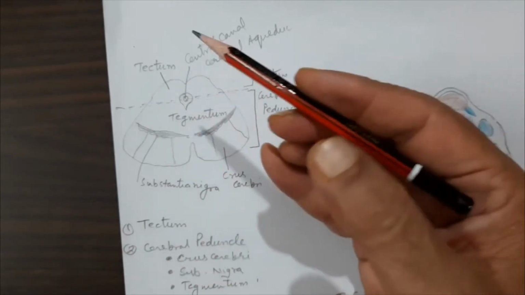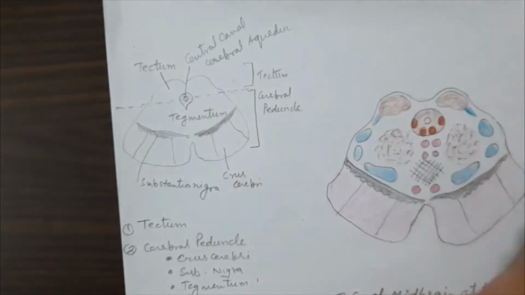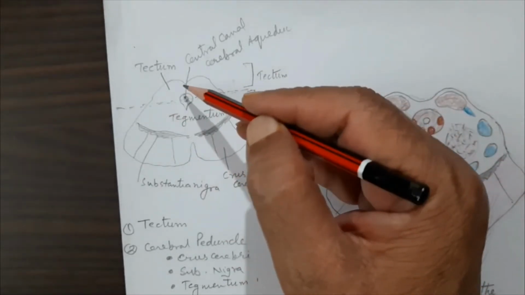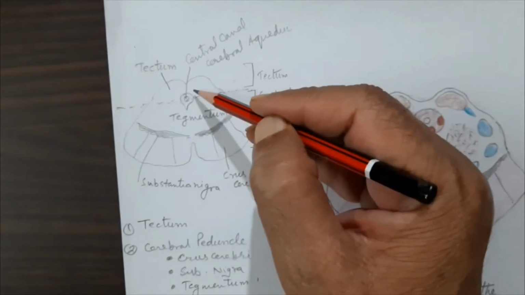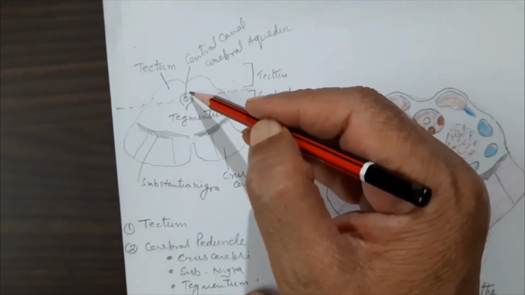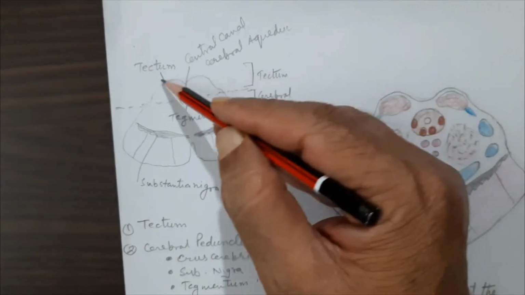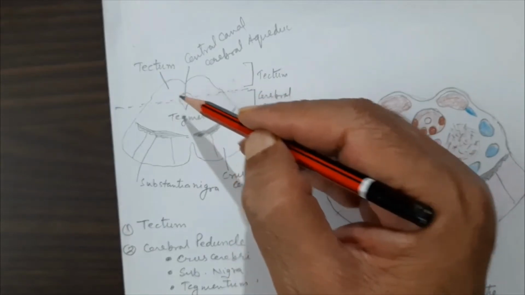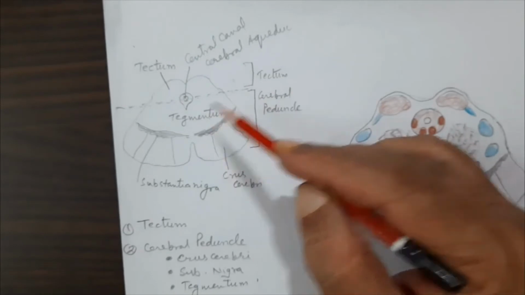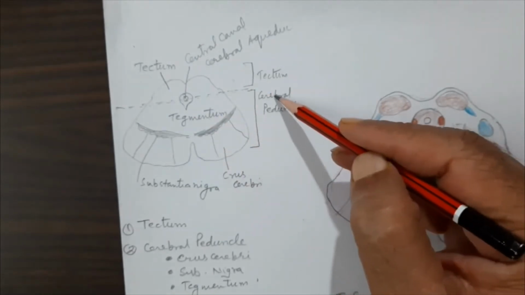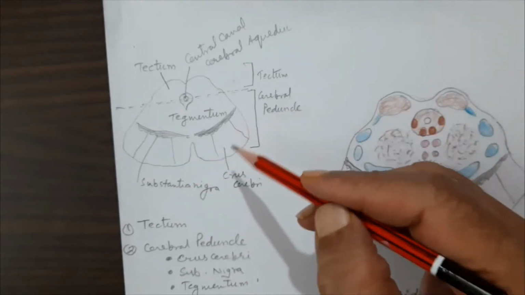It is behind the imaginary line, and it consists of the four rounded swellings which we have seen on the dorsal aspect, the superior pair and the inferior pair of the colliculi or corpora quadrigemina. That is the constituent part of the tectum. When we come to the ventral part, that is called the cerebral peduncle, right and left cerebral peduncle.